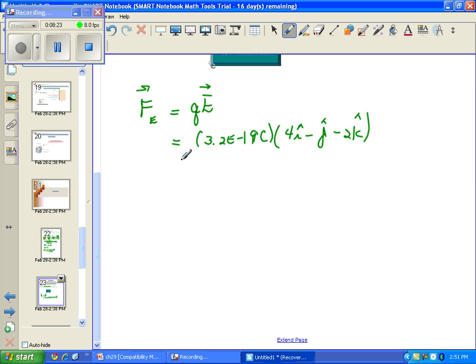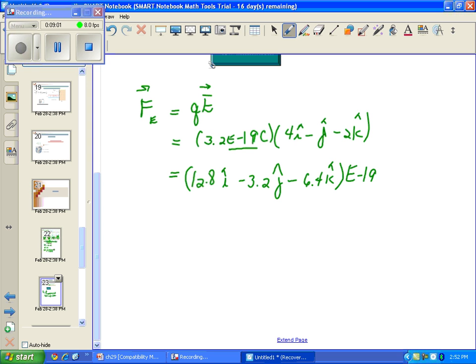We're going to proceed with the straight multiplication, and my approach here will be to take 3.2 times 4, 3.2 times -1, 3.2 times -2, and to carry the e to the minus 19 at the end. So we start with 12.8 i hat minus 3.2 j hat minus 6.4 k hat, and we put a little parentheses there, e to the minus 19 with the unit of newton.